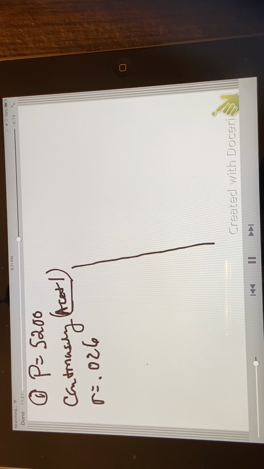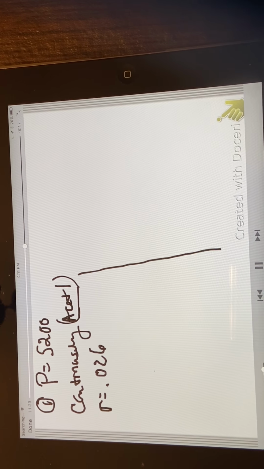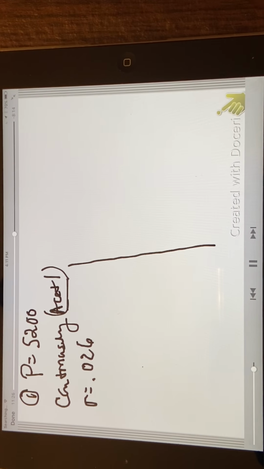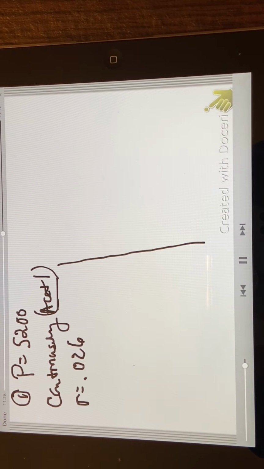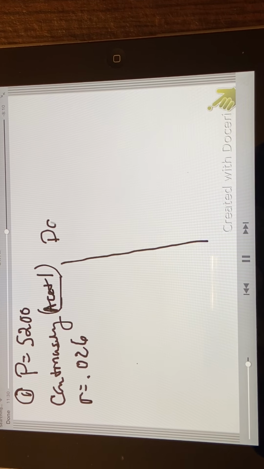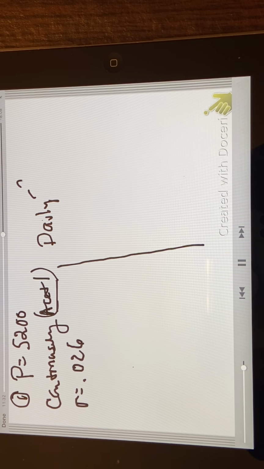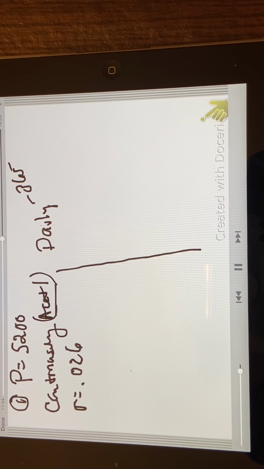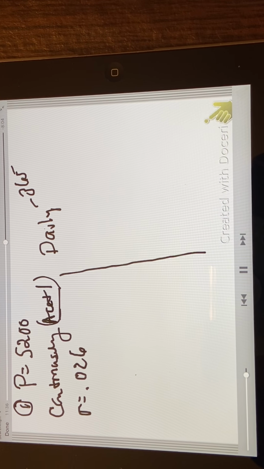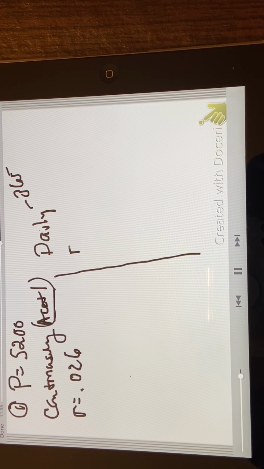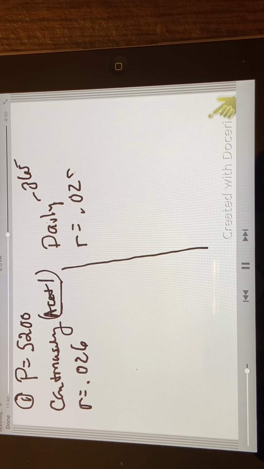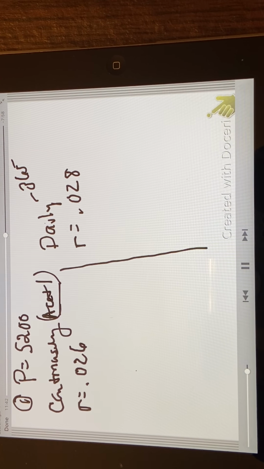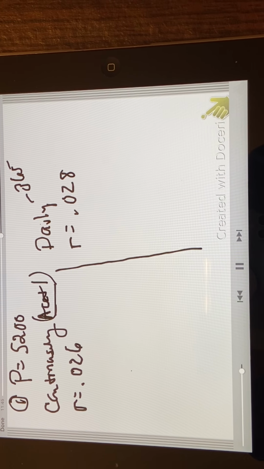And then she's going to also investigate another account. It compounds daily. I forgot to mention that. Daily, 365 days, at an annual rate of 2.8%. So this rate is 0.028. So I'm going to have to do this formula kind of twice.